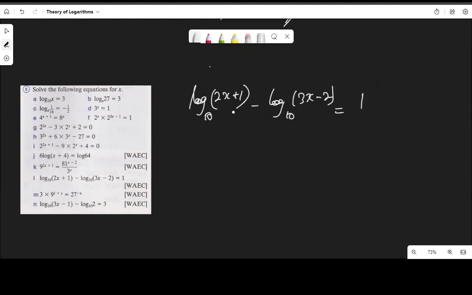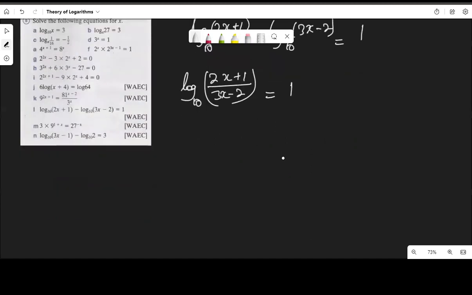Okay, log 2x plus 1 to base 10 minus log 3x minus 2 to base 10 equal to 1. Applying one of the laws of logarithm, we have log of 2x plus 1 over 3x minus 2 to base 10 equal to 1.